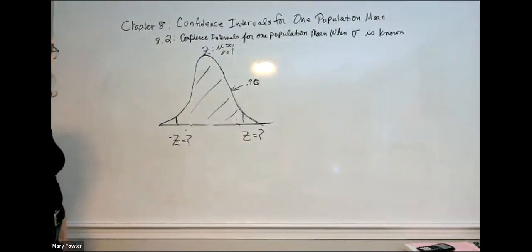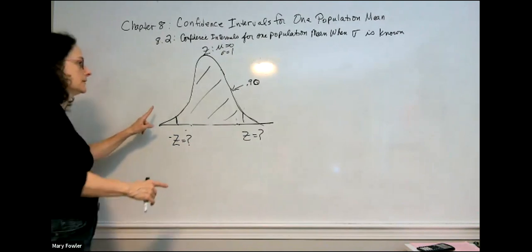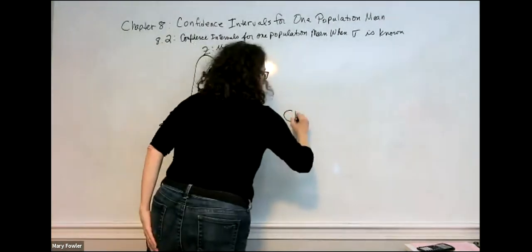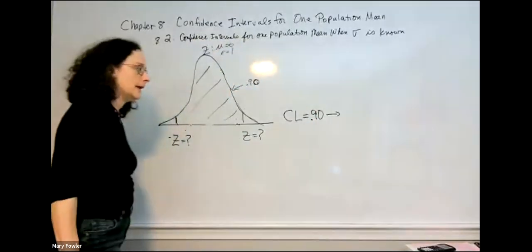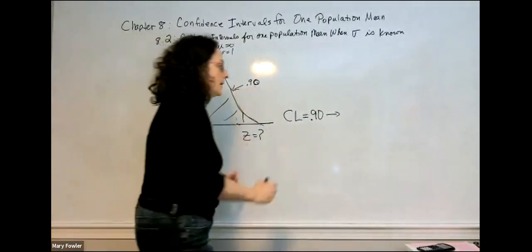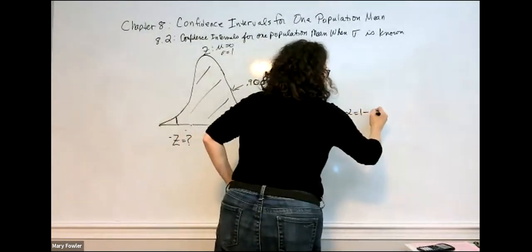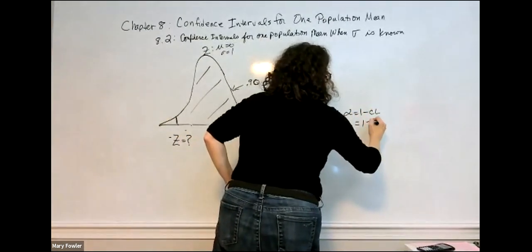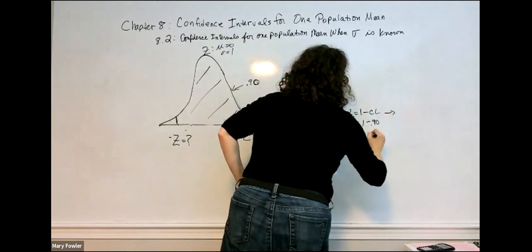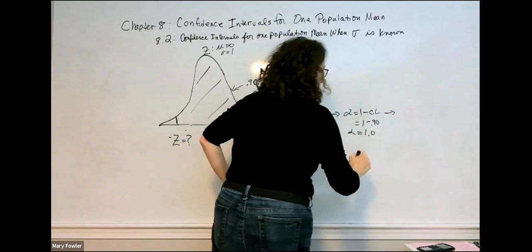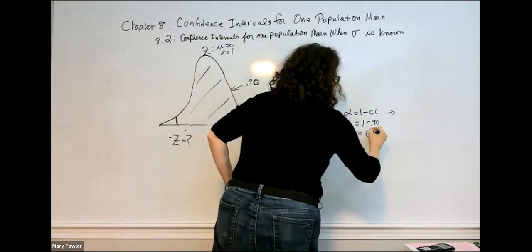And what is that? So alpha, the confidence level, let me just write this here, is 0.90, right? And from the confidence level being 0.90, alpha is 1 minus your confidence level, is 1 minus 0.90. So alpha is 0.10. Excuse me, 0.1.